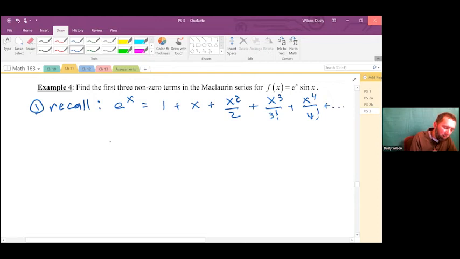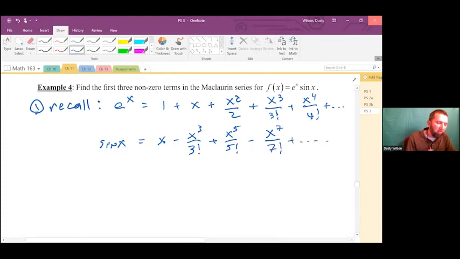And also remember that sine x is equal to x minus x cubed over 3 factorial plus x to the 5th over 5 factorial minus x to the 7th over 7 factorial, et cetera.